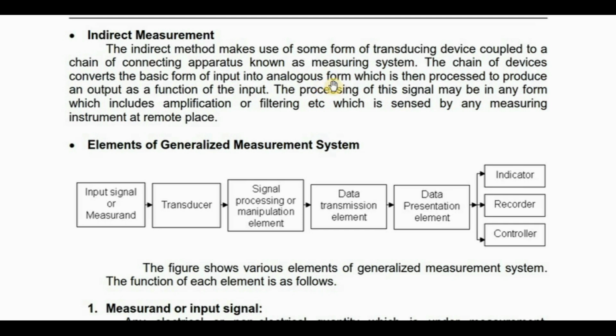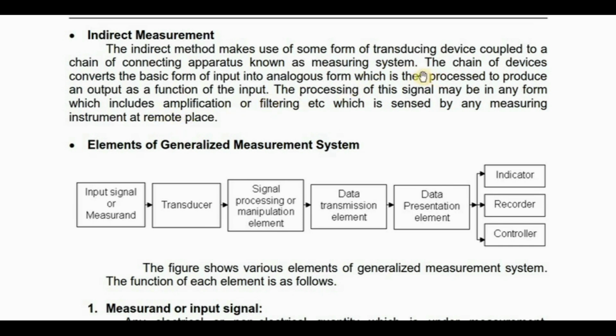Okay, now this converted form is then processed to produce an output as a function of an input. Means we have converted degrees Celsius into electrical voltage, then we will process that electrical voltage in further apparatus such that the final output will be again in degrees Celsius.